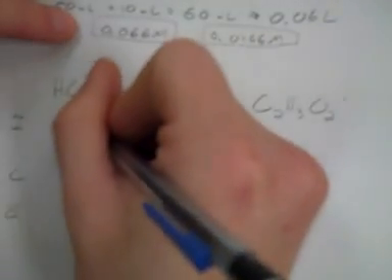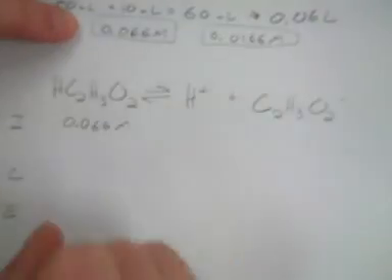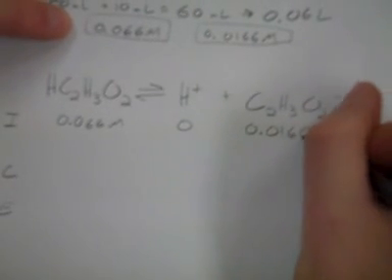So initially, we pull these numbers from here. So initially, acetic acid, we have 0.066 molar. H plus, we have 0. And acetate, we have 0.0166 molar.